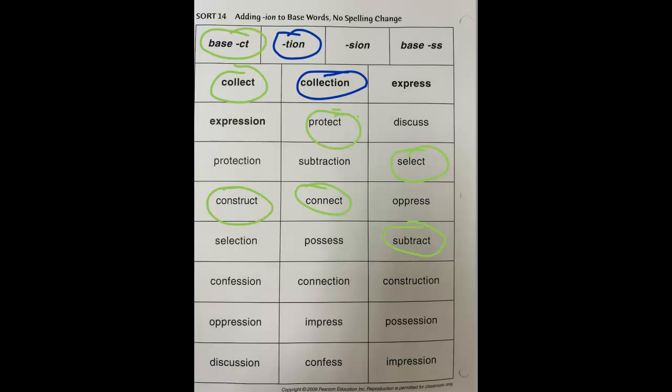Protect to protection. You can't even almost tell that the T was there. You went from select to selection. Hear the shun sound. You have subtract, and now you have subtraction, TION. You had connect, and now you're doing connection.